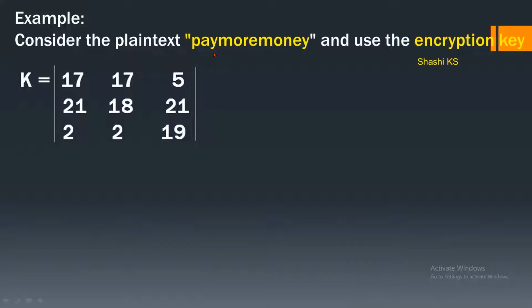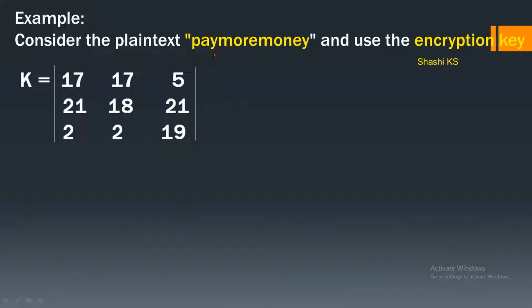How many letters are encrypted at a time depends on the key. If the key is a 2x2 matrix, it will encrypt 2 letters at a time. If the key is a 3x3 matrix, then it can encrypt 3 letters at a time. So the basic concept is, with an n x n matrix, we break the plain text into blocks of n characters.